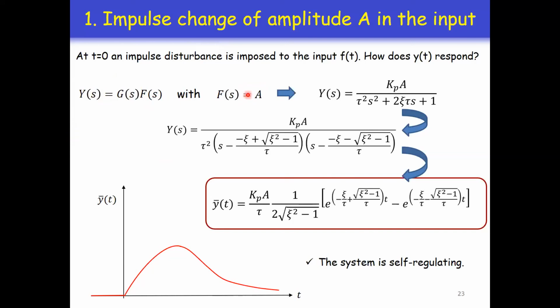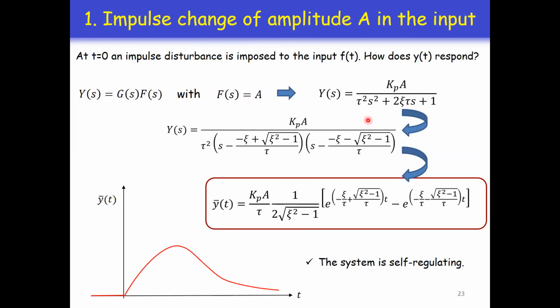The transfer function G is the generic transfer function of a second order system with xi larger than 1. And so the overall response in the Laplace domain is the one that I'm highlighting: Kp A divided by tau square s square plus 2 xi tau s plus 1. Make sense? Should I repeat? That makes sense. Okay.